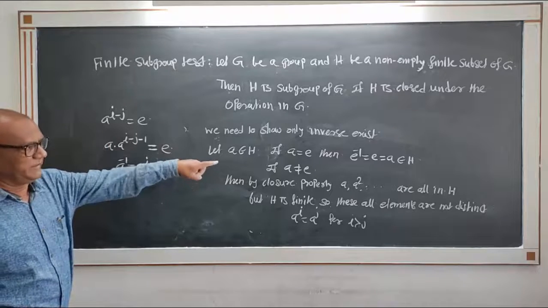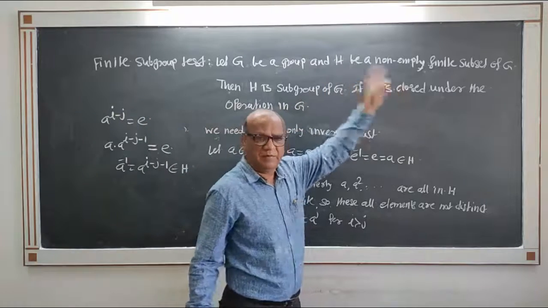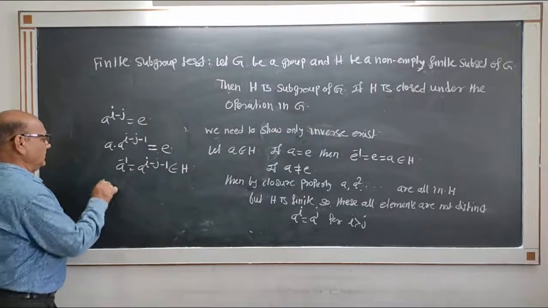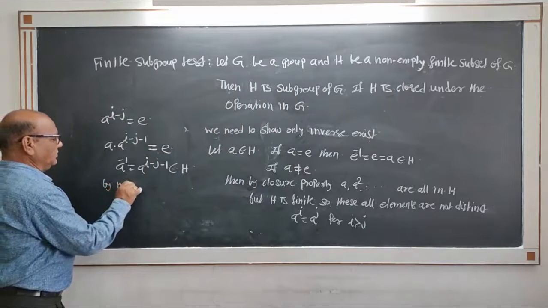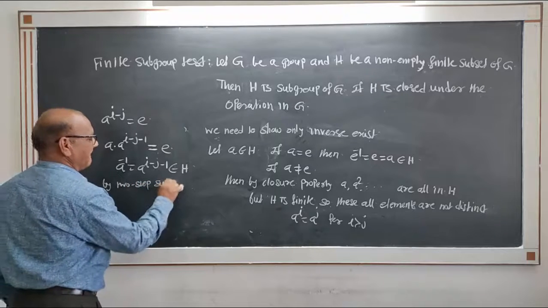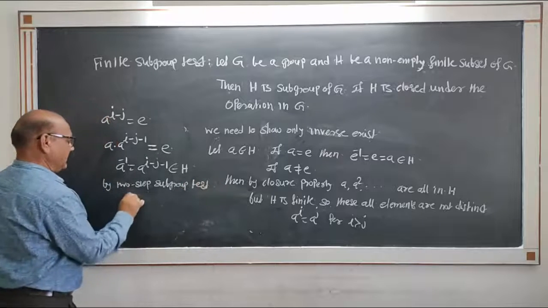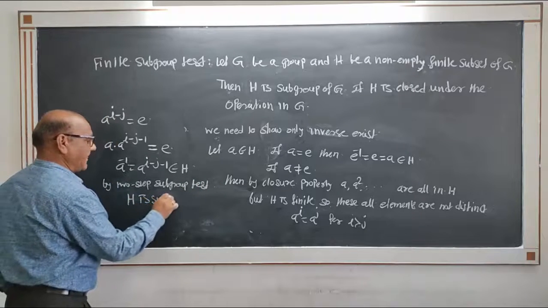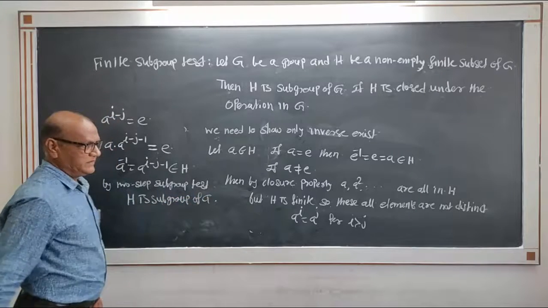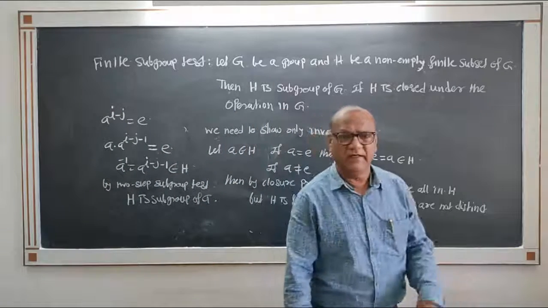Closure property is satisfied since H is given closed. Inverse also exists, so by two-step subgroup test, H is a subgroup of G.